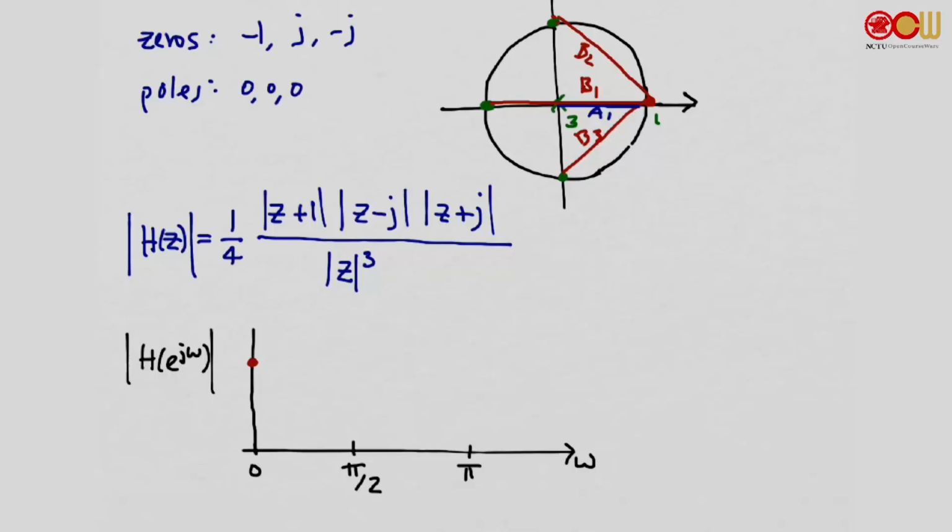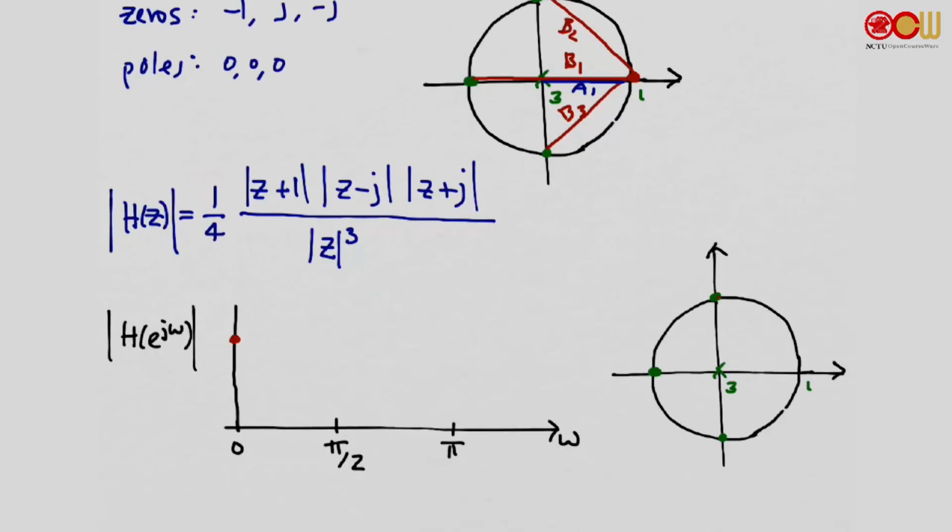We take the product of B and divide by the product of A, which has no effect, so just the product of B, and then divide by 4. This is the 1/4 factor here.